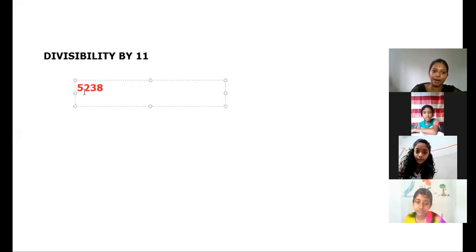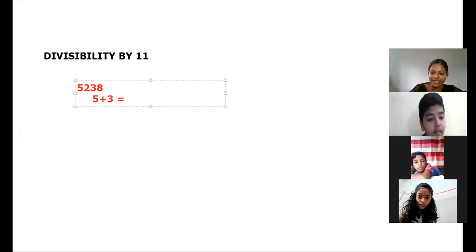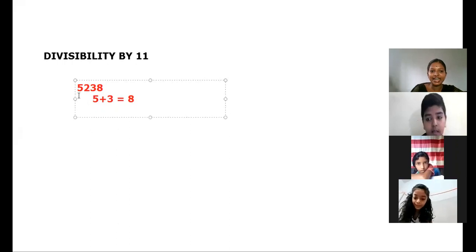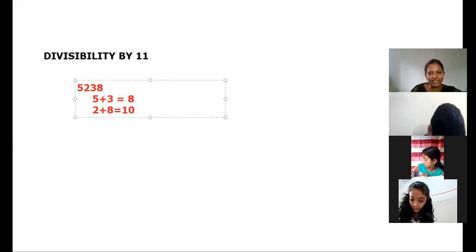So we have to find the sum of 5 and 3. What is the sum of 5 and 3? It is 8. Then what is the second pair of alternate digits? It is 2 and 8. Then what is the sum of 2 and 8? It is 10.